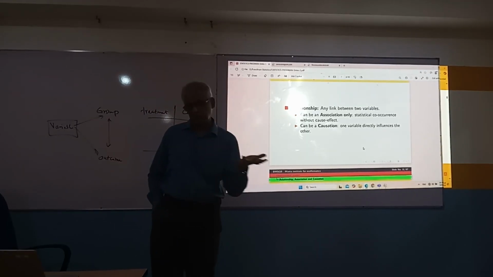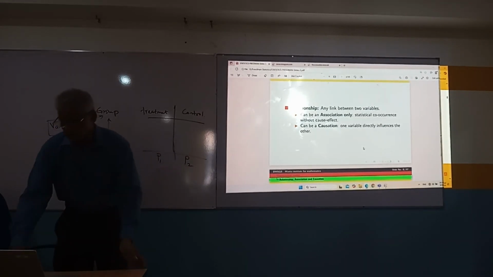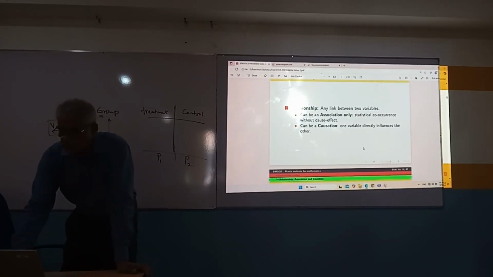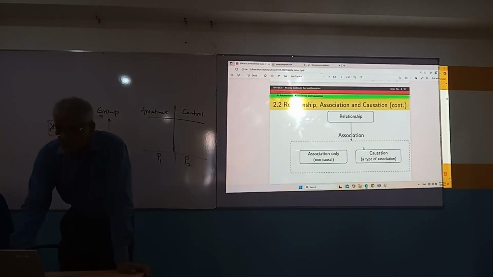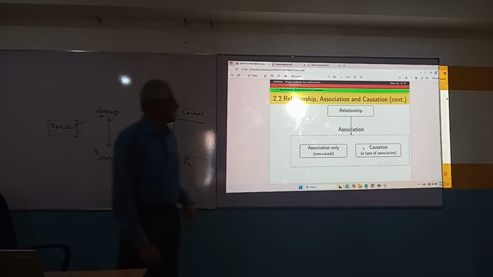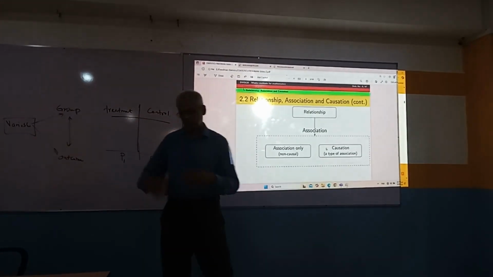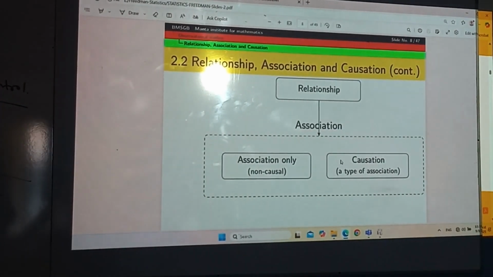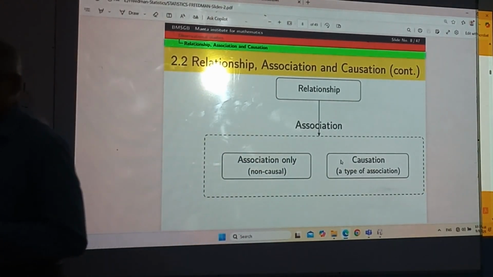If you stop changing that, the other variable will stop changing. So that's causation, which directly influences. So you can see that relationship is a general one, and part of that is association. There can be association without causation, or there can also be causation situations.